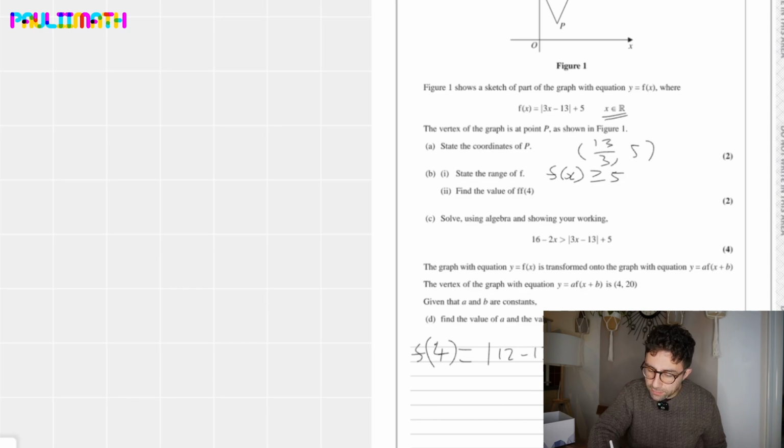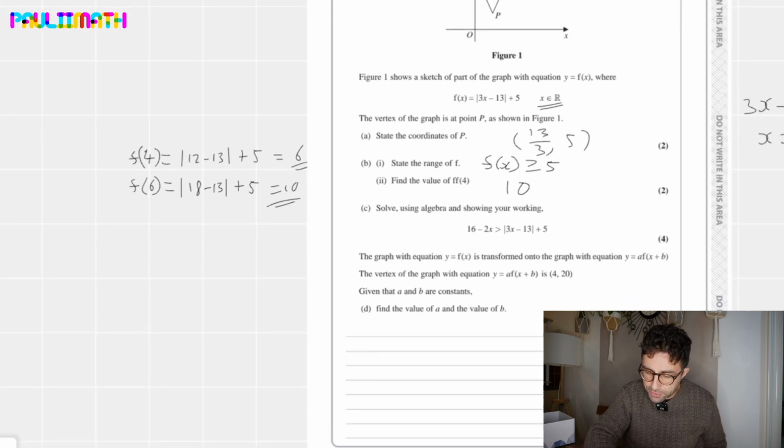It's actually minus 1, the absolute value is 1, so you're going to get 6 out there. And if you put that back in for a second time, 3 times 6 is 18, minus 13, plus 5. 5 plus 5 is 10. That's the story there.